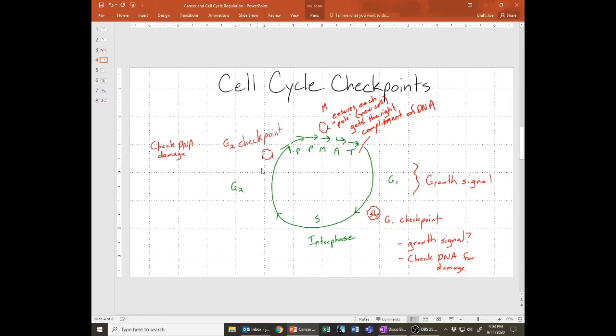So if the DNA looks fine and the cell decides to go on into mitosis, the cell will stop once again at that midpoint, metaphase of mitosis, and we want to ensure that each pole, that is each new cell, gets the right complement of DNA.